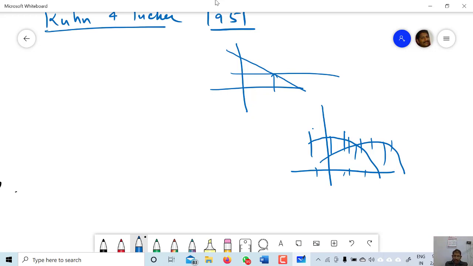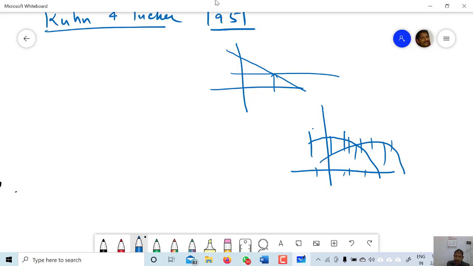So in this case our aim is to find the local solution of the problem in place of the global solution. So the Kuhn-Tucker concept was that in the case of a nonlinear programming problem, we find the local solution despite the global solution.